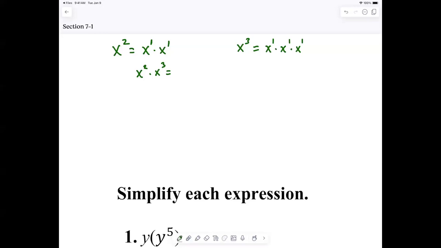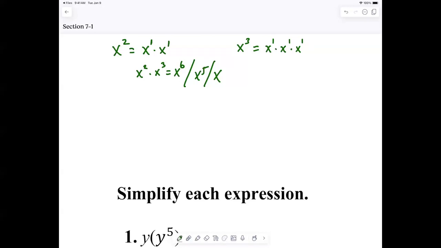X to the 6th. What do you think? X to the 5th. What do you think? Just X. Brilliant. All right. Anybody else? And this again is why I'm saying to everyone, I don't understand.